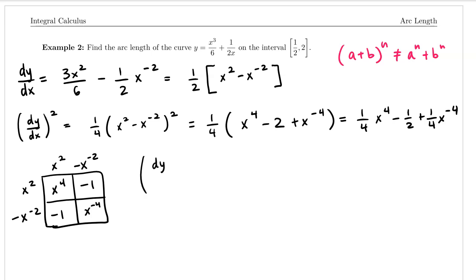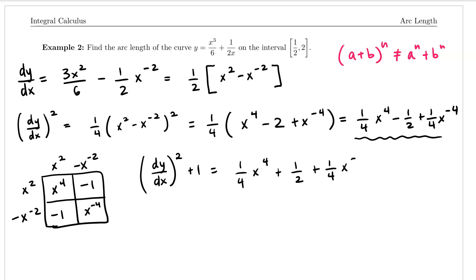Now I'm going to go ahead and add 1 to the square of my derivative. So to this expression here, I'm adding 1, and that's only going to change the constant term. So I'm going to have 1/4 x to the 4th, and then negative 1/2 plus 1 would give me positive 1/2. And I'm actually going to factor out 1/4 from this.